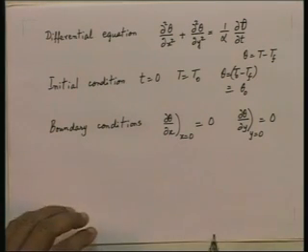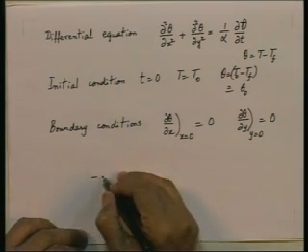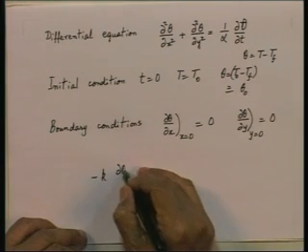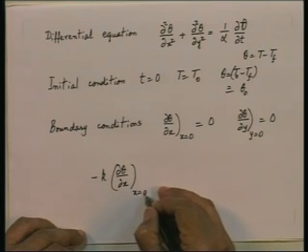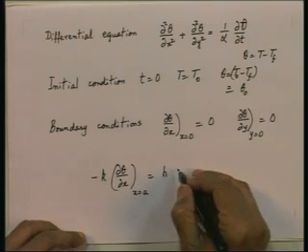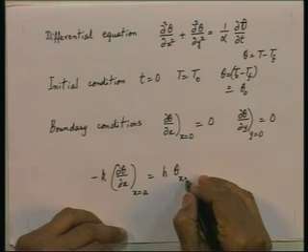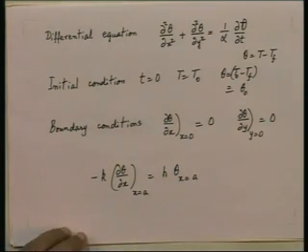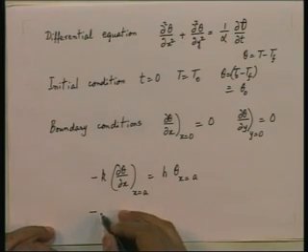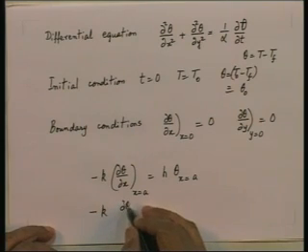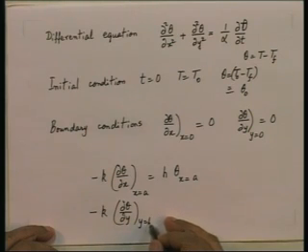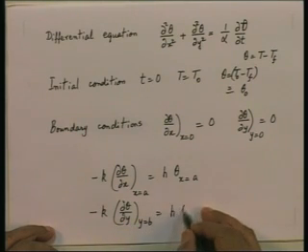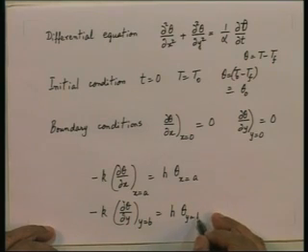And then at the two faces, x equal to a we will get minus k d theta dx at x is equal to a is equal to h times theta at x is equal to a, and at y equal to b we will get minus k d theta dy at y equal to b is equal to h into theta at y is equal to b.